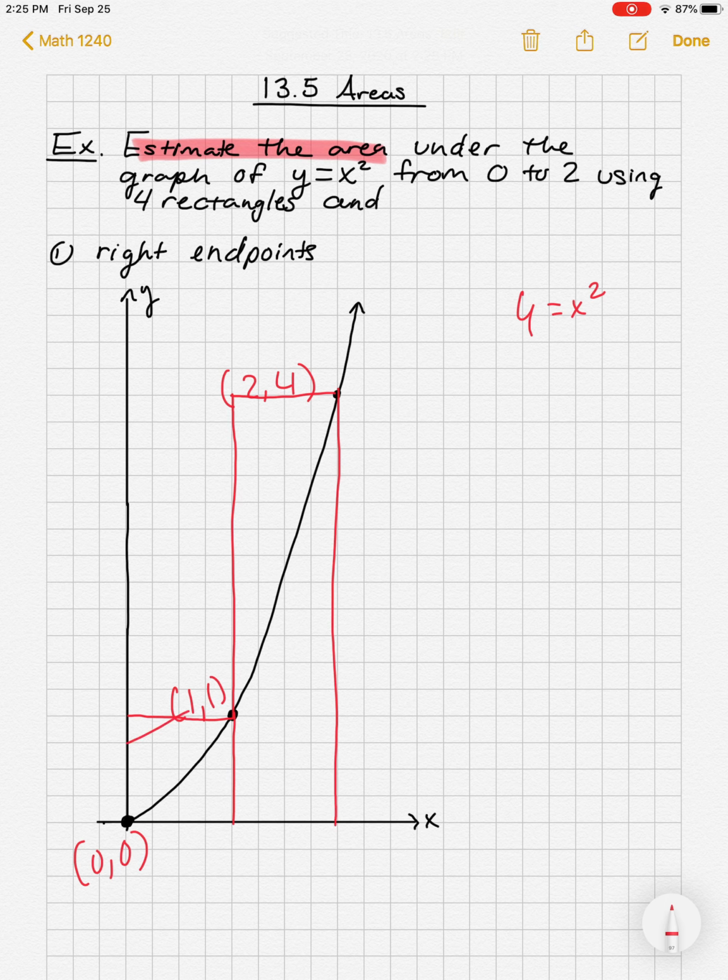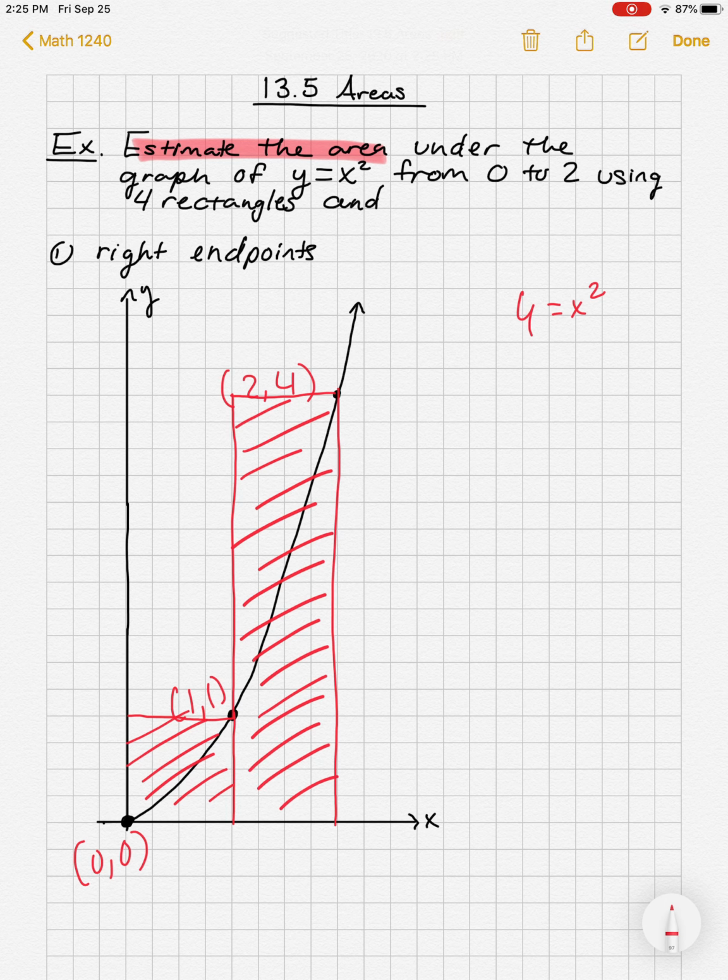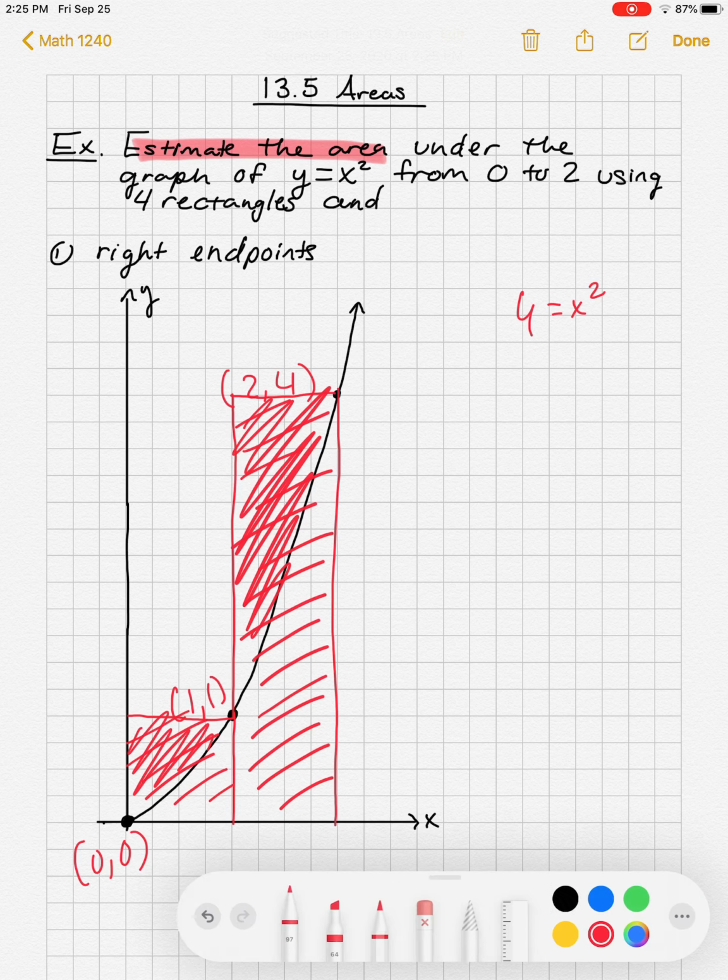Okay, I can find the area of rectangles. So if I found the area of those two rectangles, I would have an estimate for the area under the curve. Now, it would be a pretty big overestimate because I would have included all this extra area. So that would be if I only used 2 rectangles.